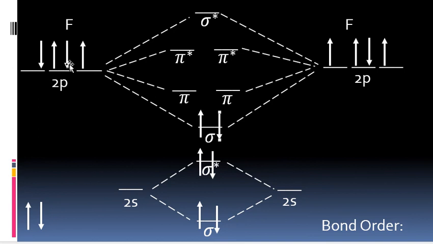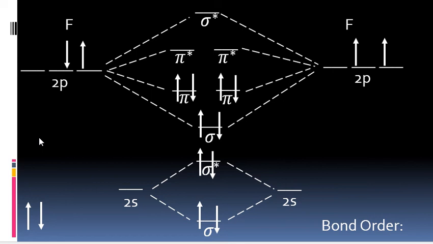We would fill up each once before we would double up. And we're going to do that again for molecular orbitals on the same level. So let's take an electron from each fluorine atom to fill up those 2 different pi bonding molecular orbitals. And then we can start doubling up electrons to completely fill them. Alright, cool. Those pi bonding orbitals are now completely filled.